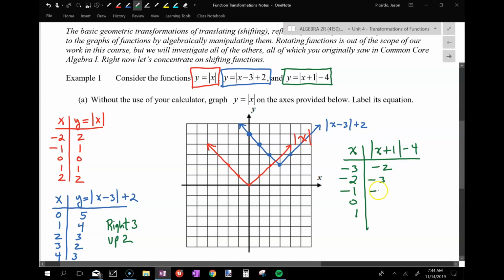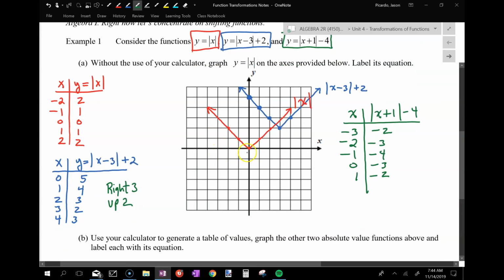All right, and I will save you the time. That's negative 4. That's negative 3. And that's negative 2. And so if I plot those 5 points, and there's my new graph.